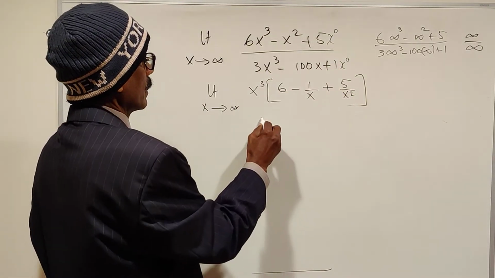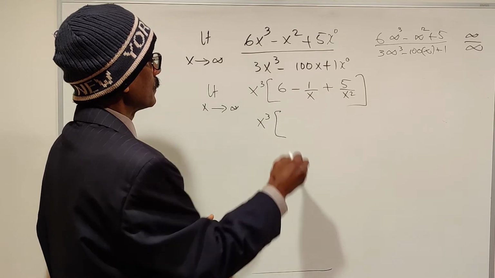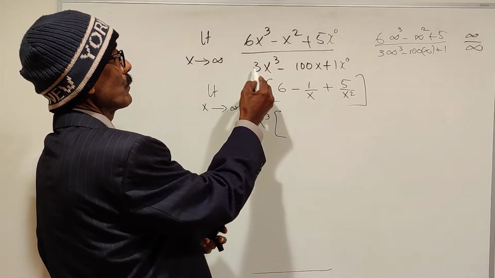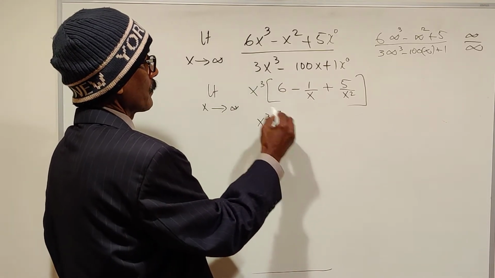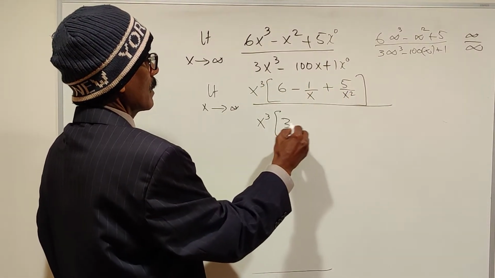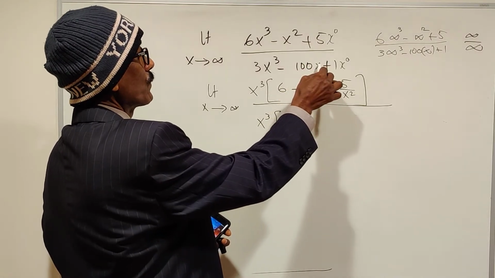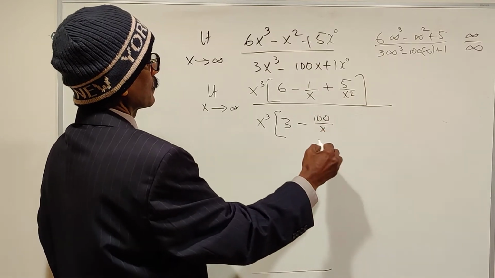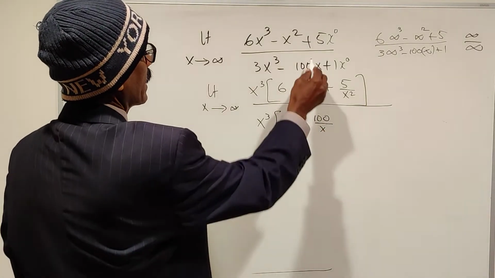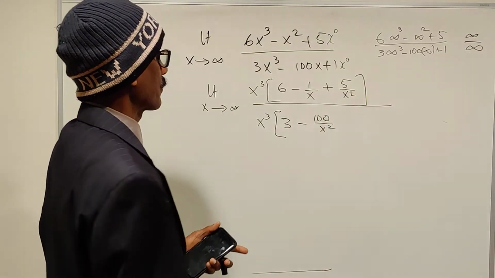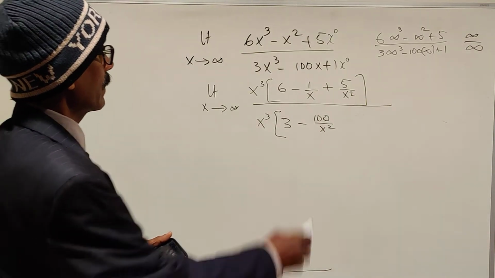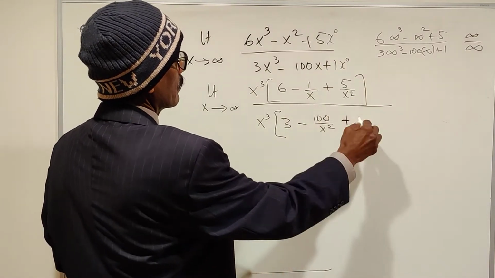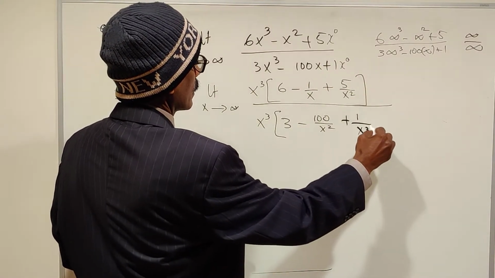See here, again you can take out x cube. What is the leftover here? When you take out x cube from 3x cube, you get 3, minus, when you take out x cube from 100x, you get 100 divided by x square, then plus 1 divided by x cube.